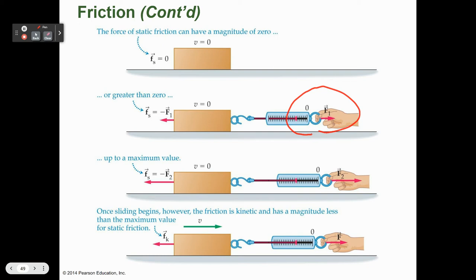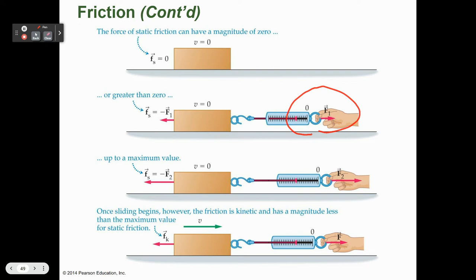So it can be greater than 0, it can be equal in magnitude to the force exerted on it but opposite in direction, up to a maximum value. Once sliding begins, however, the friction is kinetic, and the magnitude is less than the maximum value of static friction.